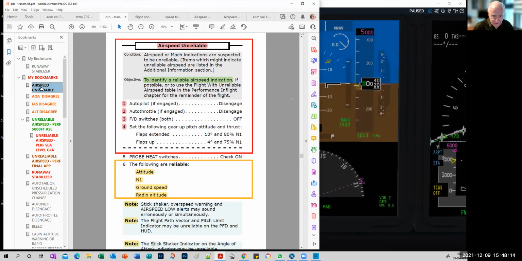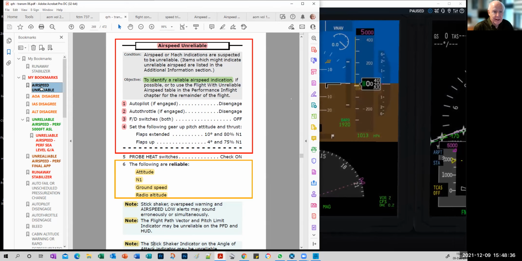Autopilot, if engaged, disengage. Auto throttle, disengage. Flight director switches, both of them off. And set the following: gear up, pitch, attitude, and thrust. Flaps extended, 10 degrees of pitch, 80% N1. Flaps up, 4 degrees of pitch, 75% N1.